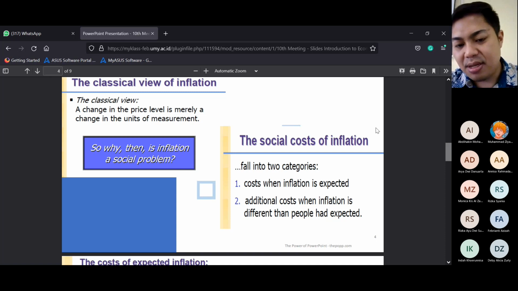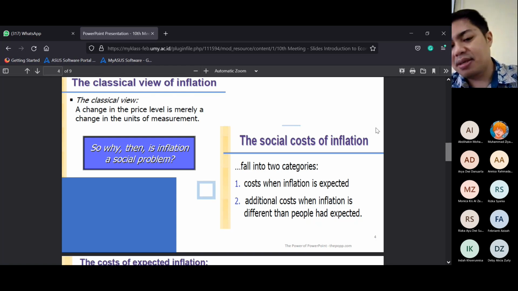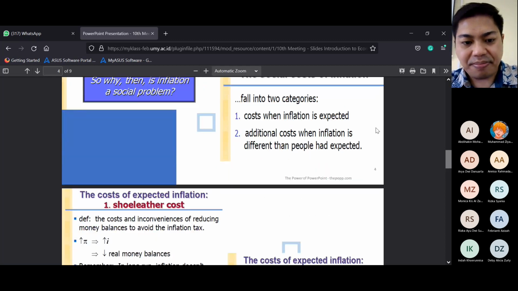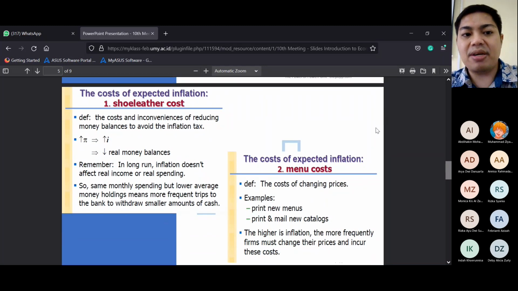It means that your purchasing power has decreased by 4%, 5% next year minus 1% right now. So you have 4% additional cost because your money has been diminished in terms of purchasing power. So it will create a cost. In terms of cost, you have here shoe leather cost and menu cost.